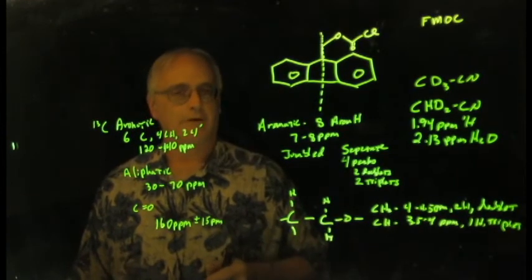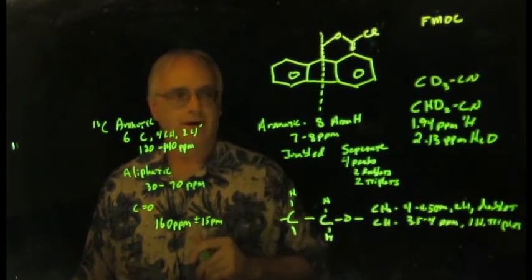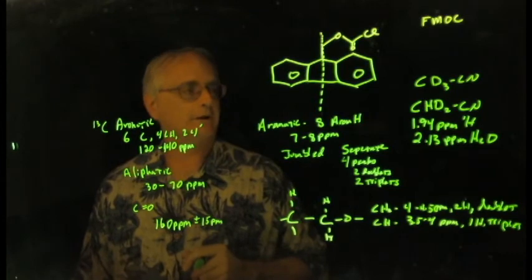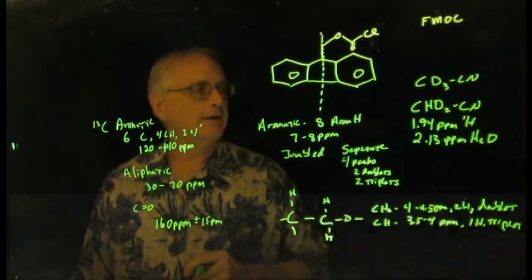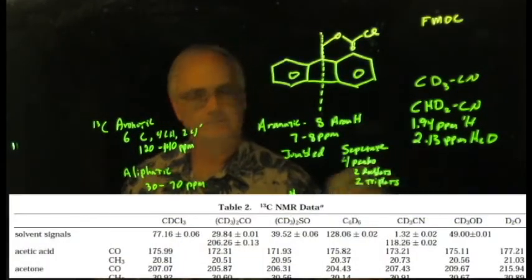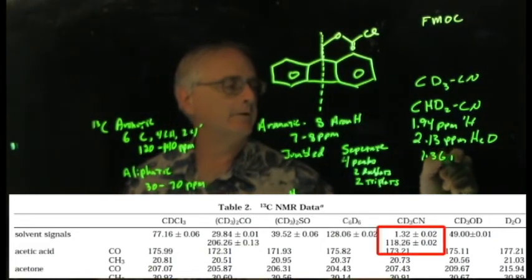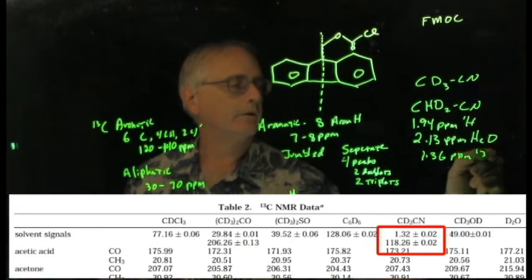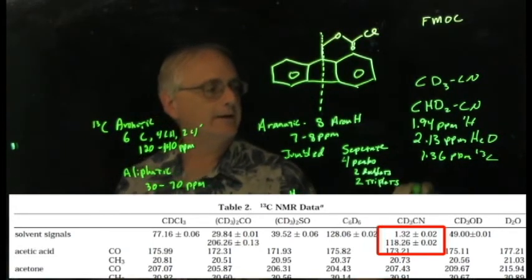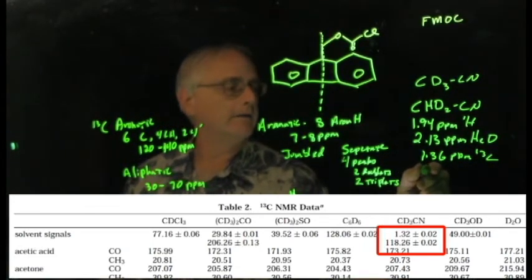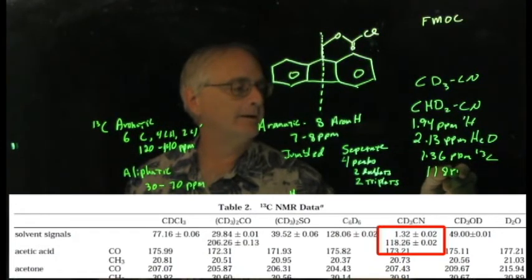The reference paper I mentioned earlier, so valuable for protons, is just as valuable for carbons, and it tells me that the C13 signals for acetonitrile are at 1.36 ppm. For carbon, that is pretty upfield, and the other is 118 ppm.